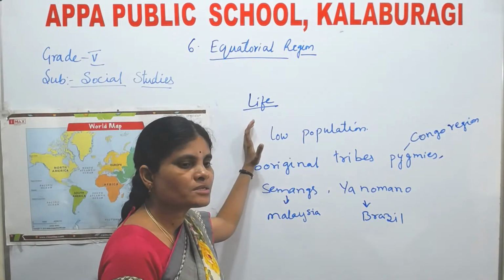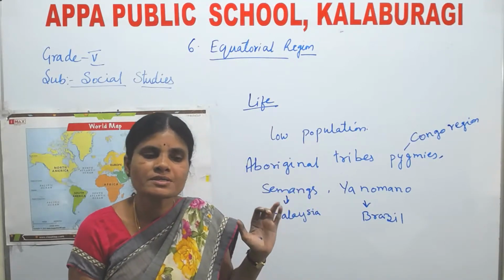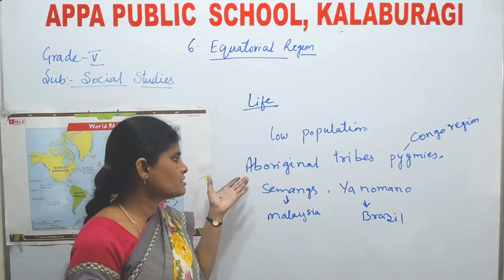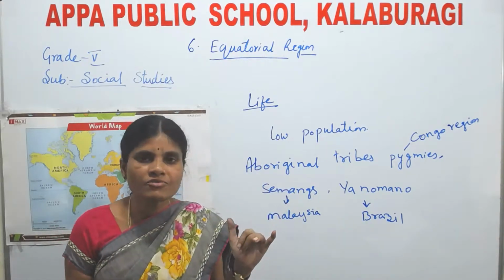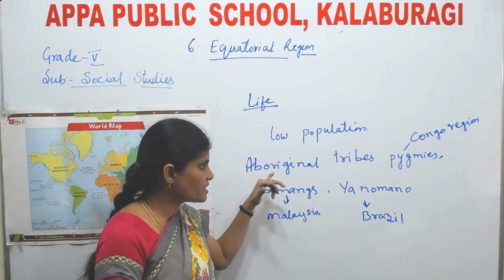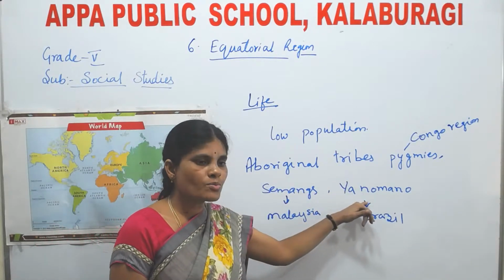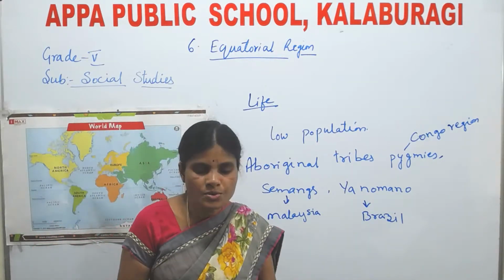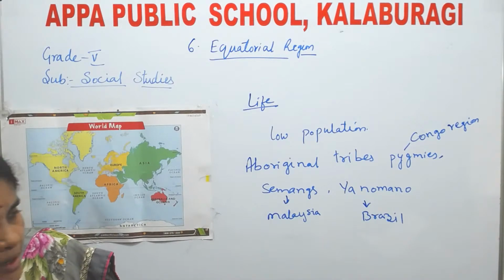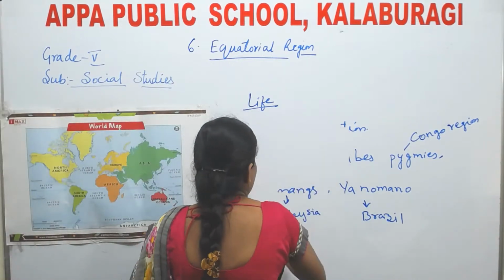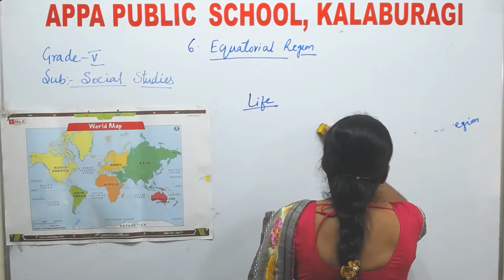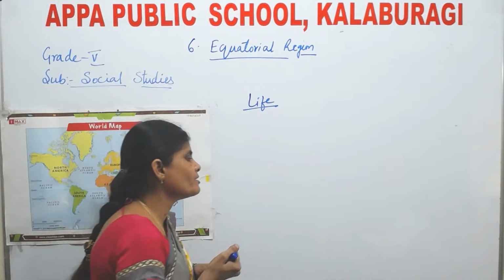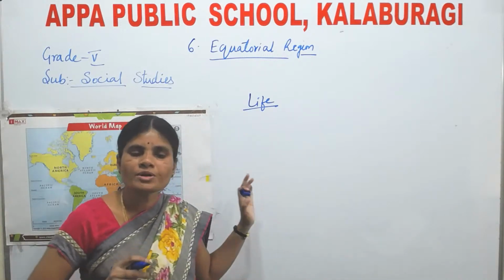In the equatorial region, we find very low population. What is the reason? Because this region experiences high temperature and heavy rainfall. The people who live here are aboriginal tribes like the Pygmies, Samans, Yanomamos, and Red Indians. These people are not settled people. They do not stay in one place; they keep on moving from one place to another. What is the reason?